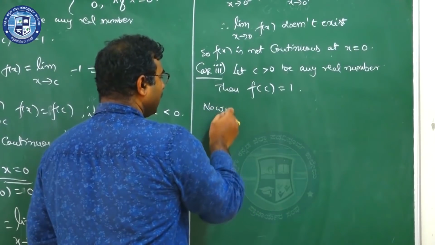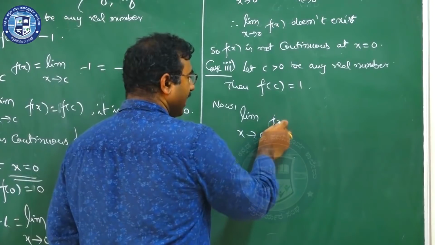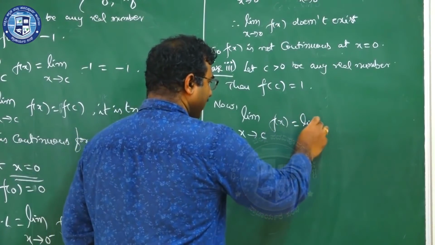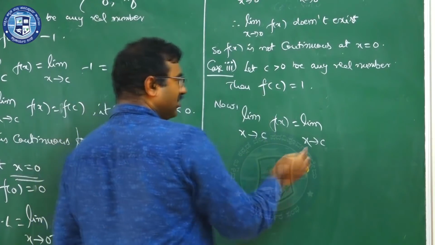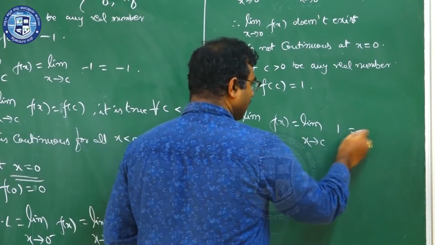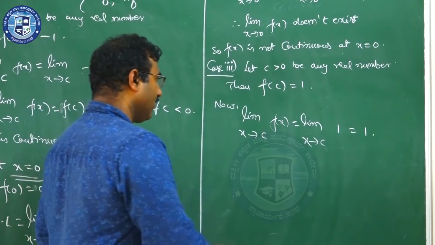Now, limit x tends to c of f(x). For all positive values the function is defined as 1, so you are getting 1 here, because the limit of a constant is the constant.